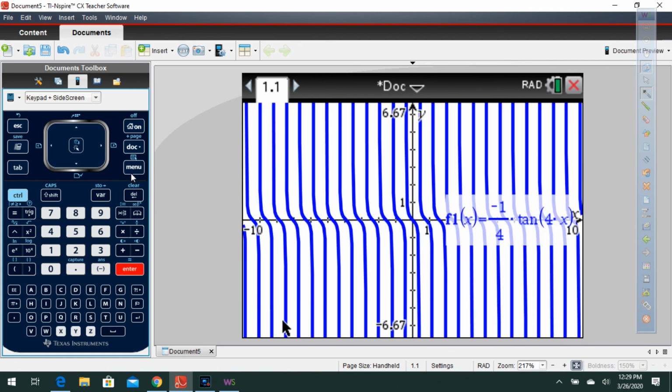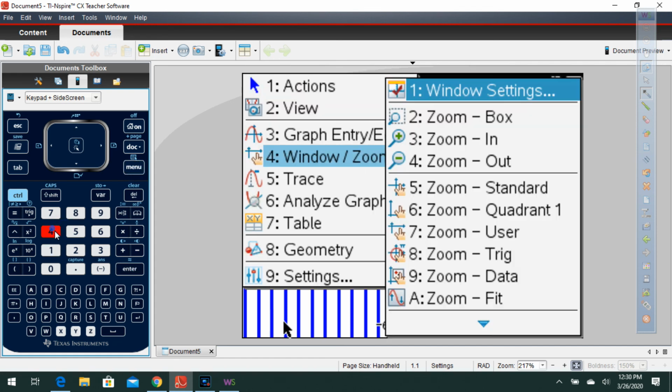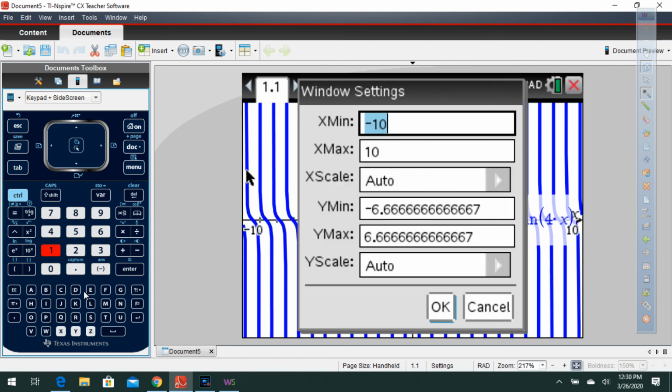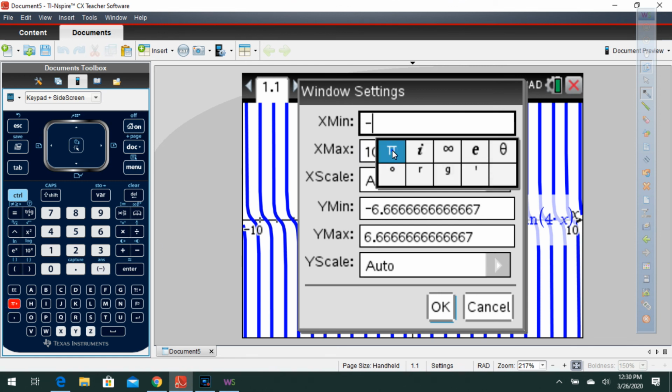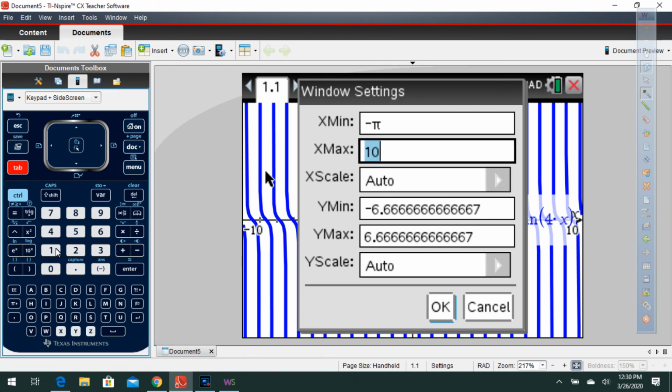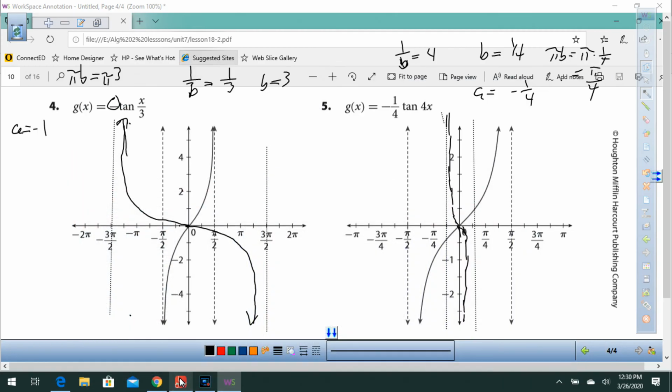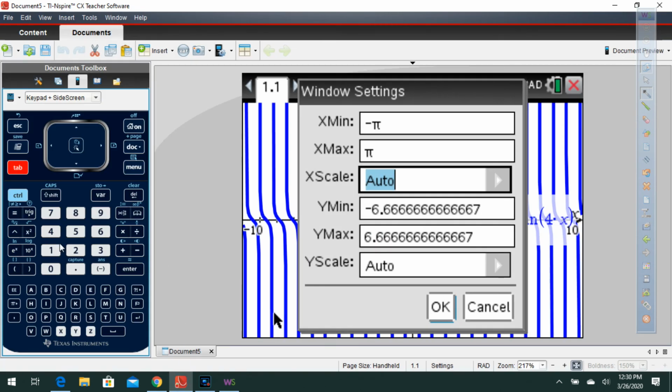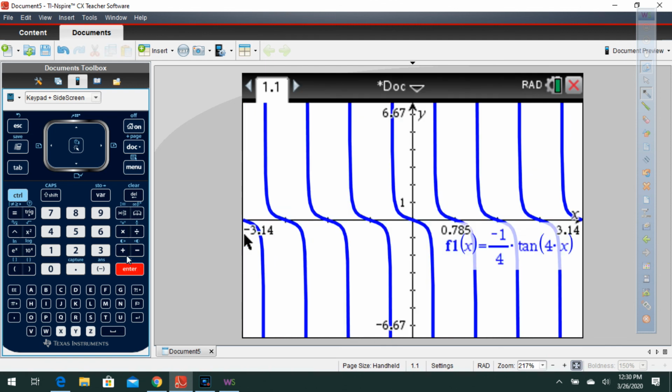All right, anyway, menu 4, 1, that's a little bit too much. So we're going to go negative pi to pi. And what are we going to use here? It uses pi over 4. So we'll do pi divide 4. There you go. That looks a lot better.